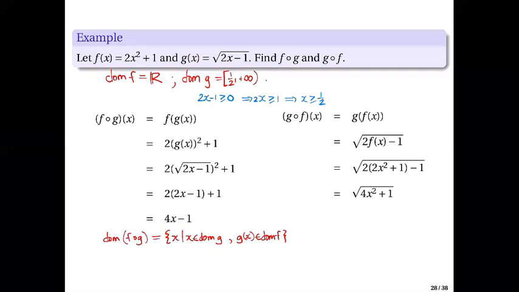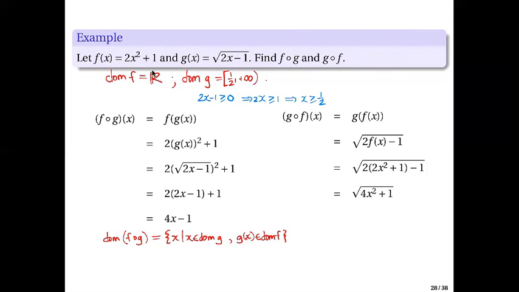So, let's look at the domain of F circle G. You start with the domain of G, meaning your x must be coming from this. But now, you need the value of g of x to be in the domain of F. But look at this.